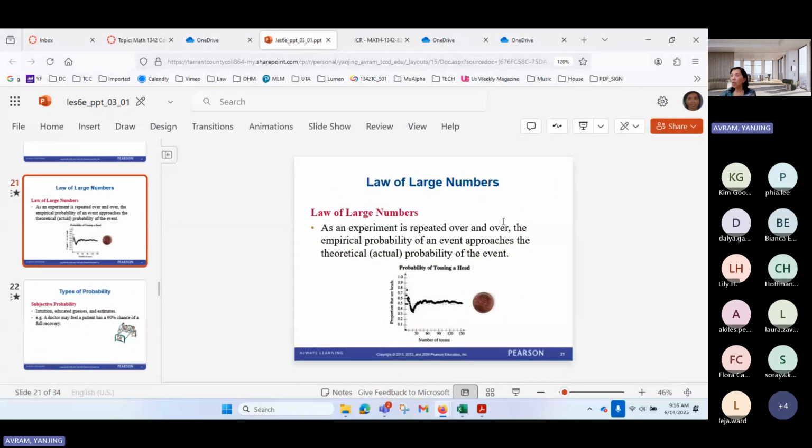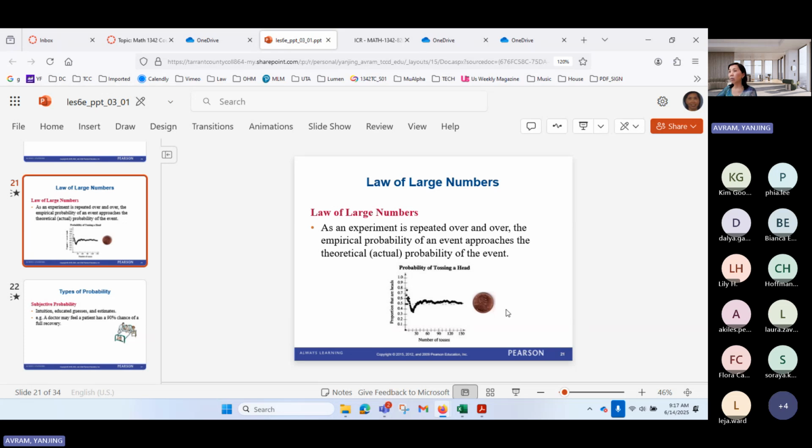Okay, and then we're gonna have the law of large numbers. Law of large numbers means if your experiment gets bigger and bigger, the empirical probability will be very close to the theoretical. Usually in class, I tell people to do the experiment, toss a penny 10 times and see how many heads and tails you get.